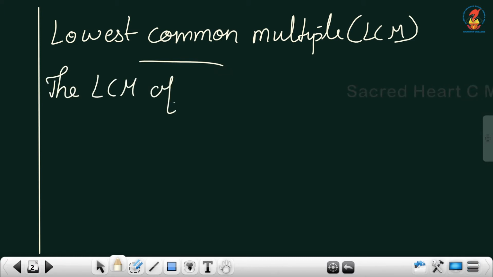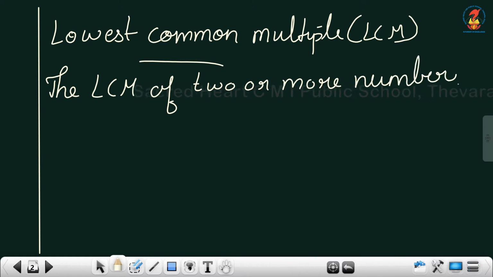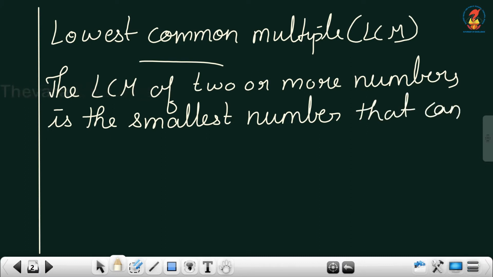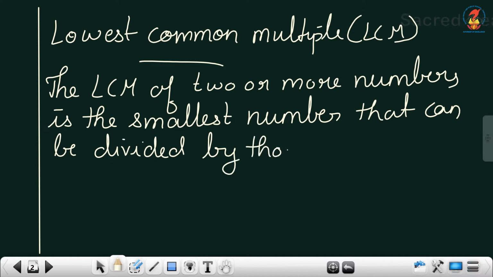The lowest common multiple of two or more numbers. I'm just giving you the definition. It is the smallest number. HCF is the greatest number. When it is LCM, it is the smallest number that can be divided by those numbers without leaving a remainder.